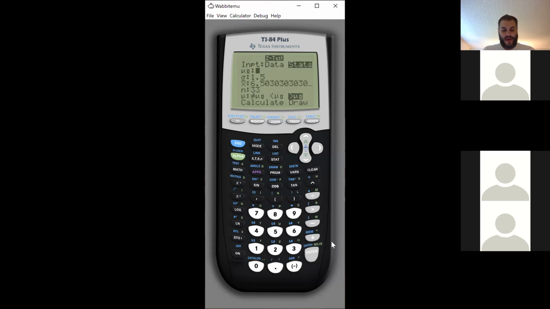Mu is equal to 50. Sigma is equal to 5.5. X bar is equal to 47. And n is equal to 30. If you look at our alternate hypothesis, we put less than, so you want to put less than. Any questions so far on any of my inputs?